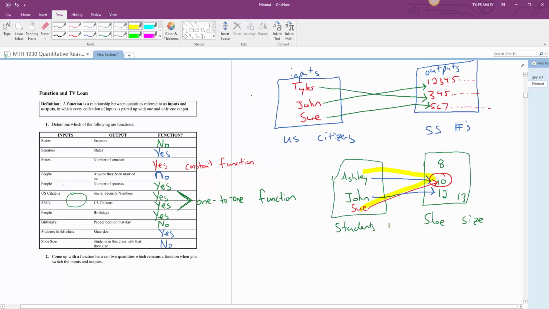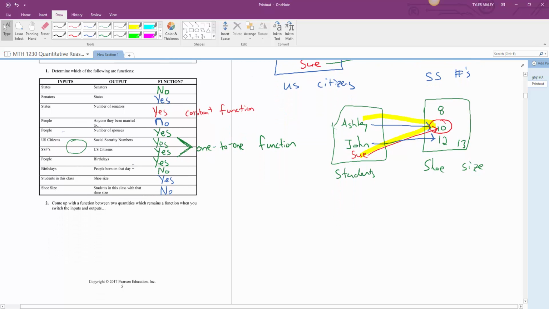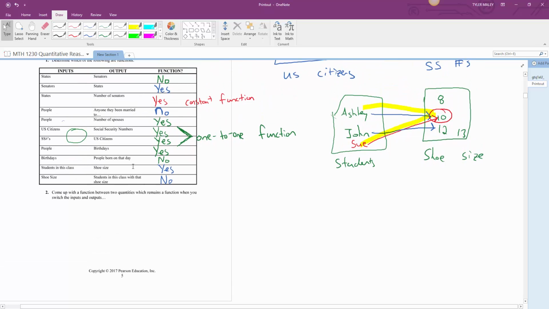They get mapped two ways. So that would be more than one output if we reverse the order. Hopefully this helps. So we're thinking about a function in a very general sense.